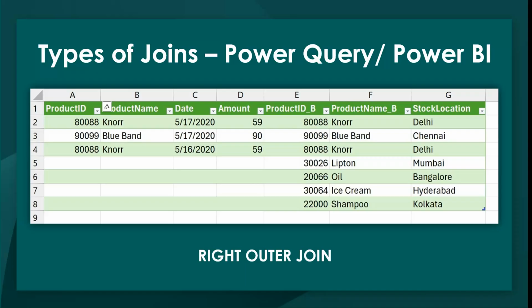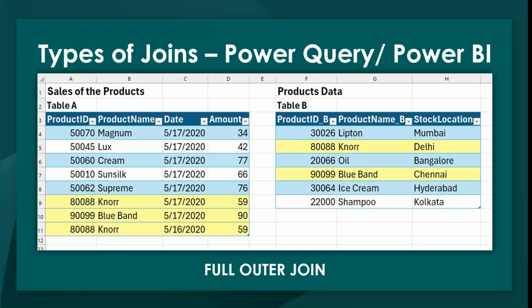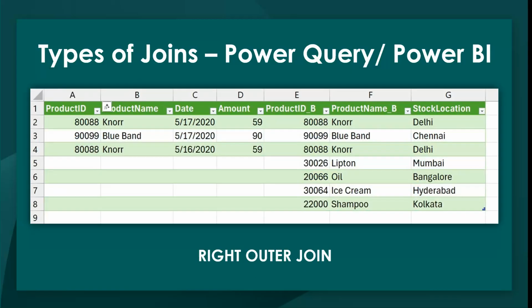And then you select the right type of join, and Power Query or Power BI, both joins have a different output. Those transactions which match in each table will definitely come as an output. But if you have selected the right outer join, all the transactions of the right table will also come.